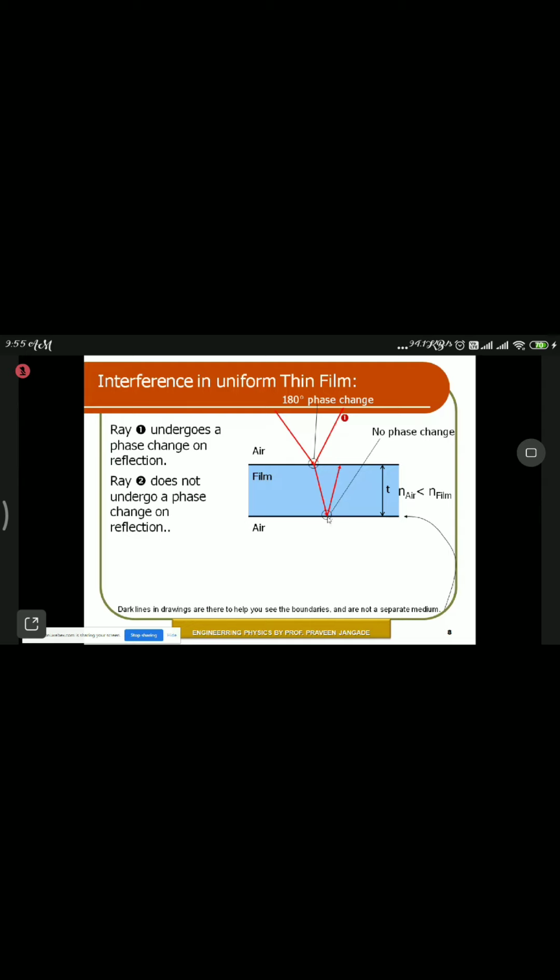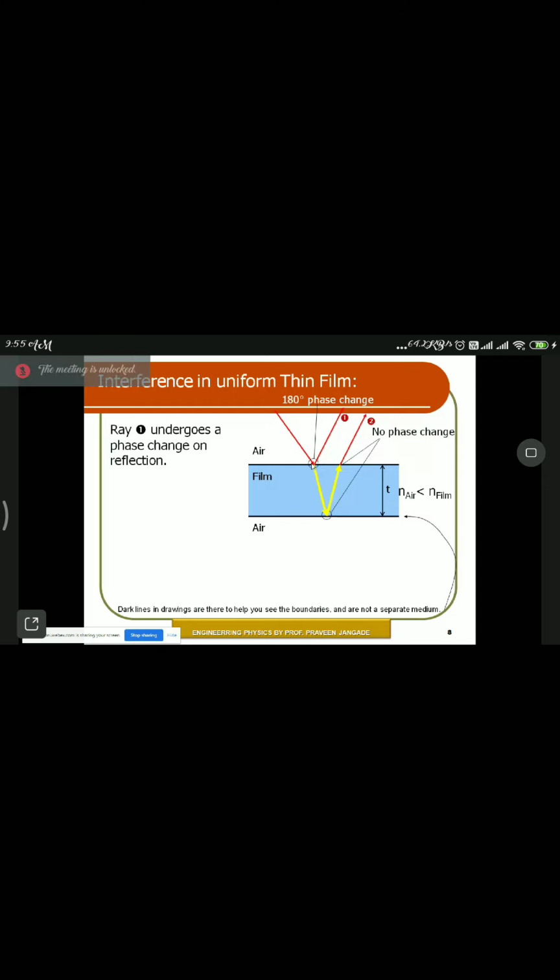So there is no phase change at this point. You can see the downward point, there is no phase change at this point. So ray 2 comes out with no phase change. There is only a phase change in ray 1.